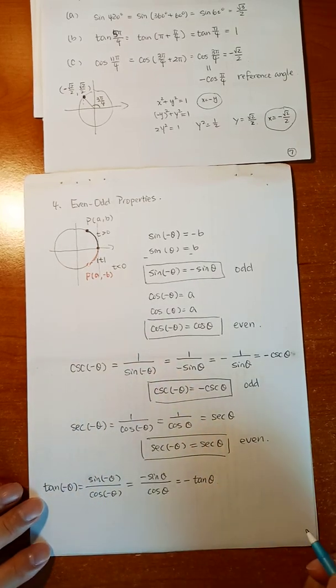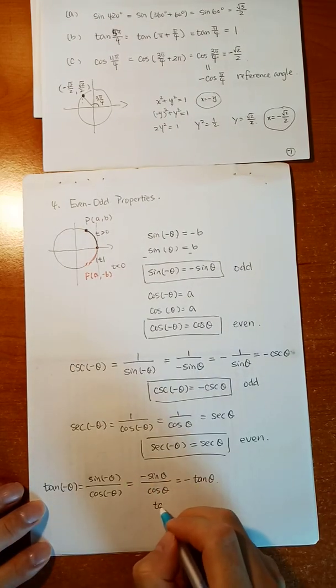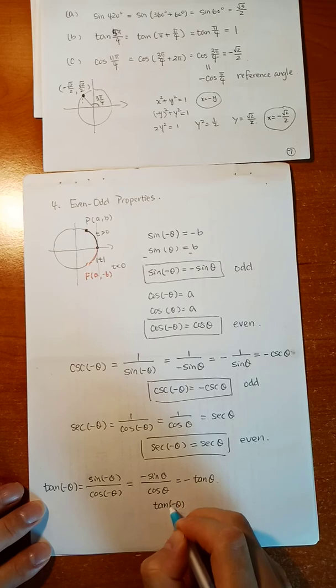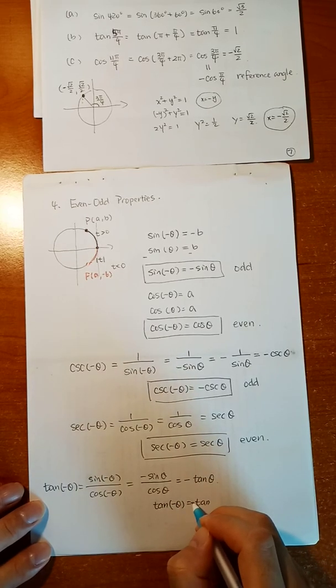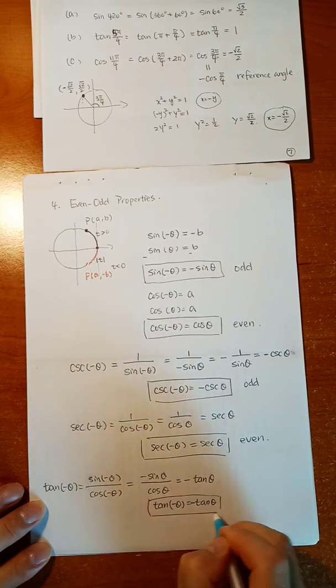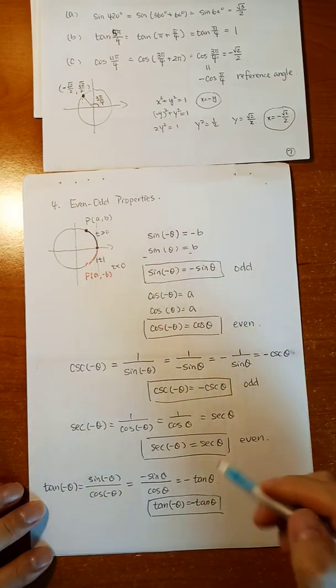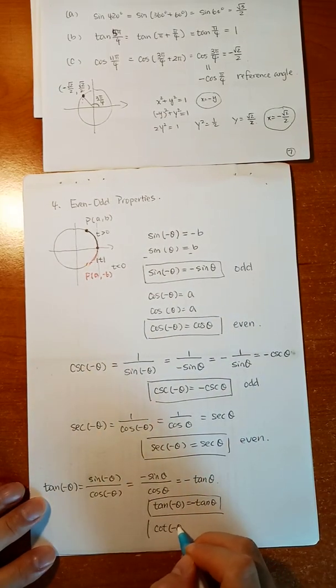You get negative tangent theta, a negative sine over cosine. So tangent is odd. The reciprocal of an odd function is also odd, so cotangent is an odd function.